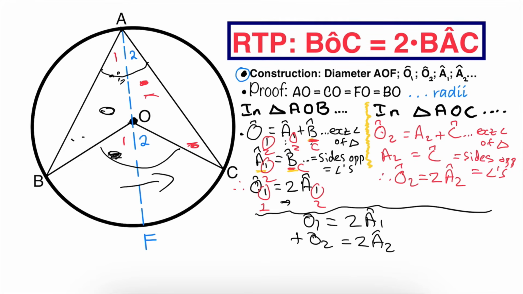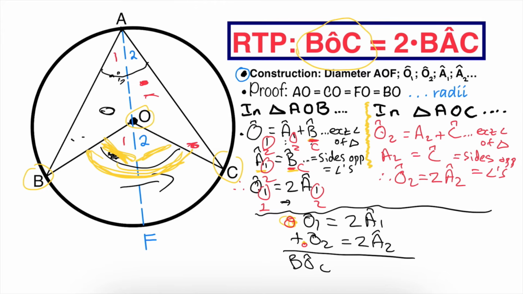Now I'm just going to add them, right? If you haven't noticed, O1 plus O2, look at the diagram, will give you the whole O, and the whole O is BOC, which is basically the RTP at the top there. So O1 plus O2 basically is just going to give me the RTP. I'm going to go straight to it and say BOC equals to, right?